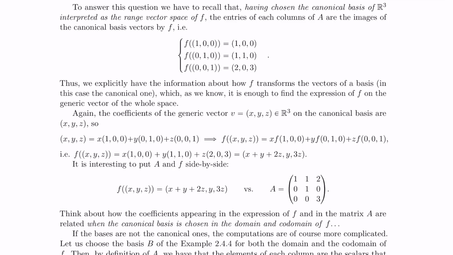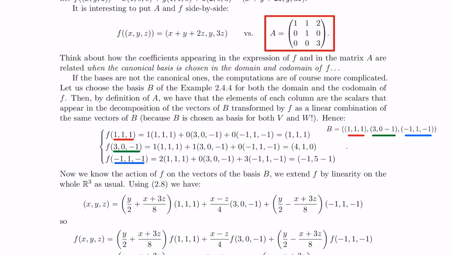At this point, you can ask, but what happens if we don't fix the canonical basis either in the domain or range vector space? Well, let's see what happens by choosing, for example, the basis B of the previous examples. In this case, you have to remember precisely the definition of matrix associated to a linear map.